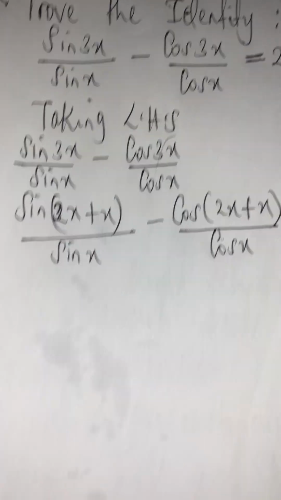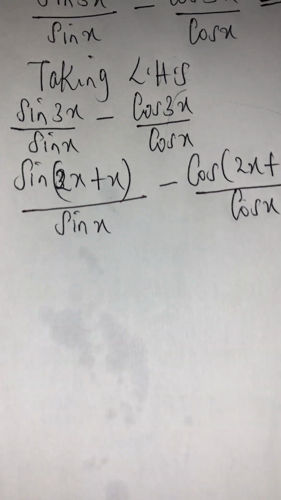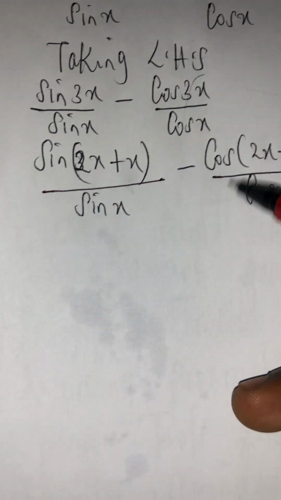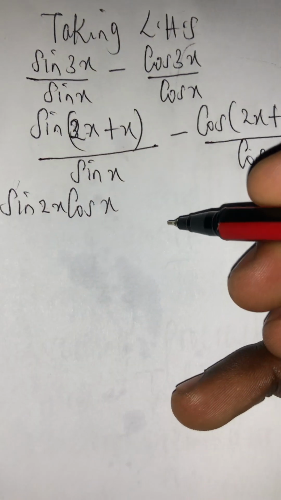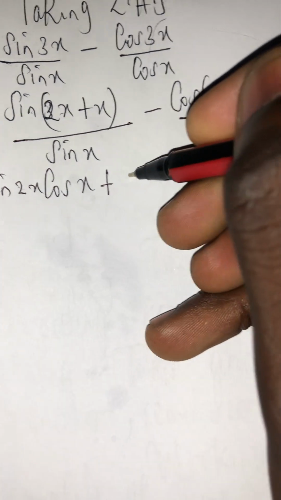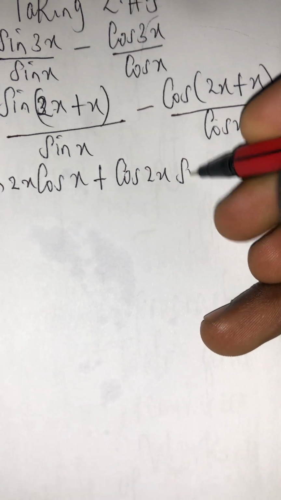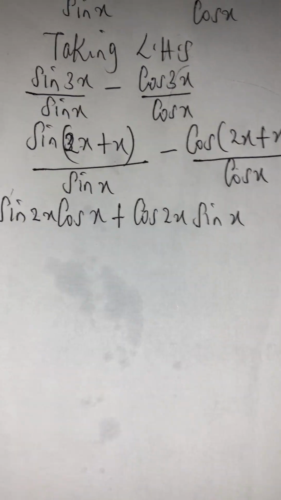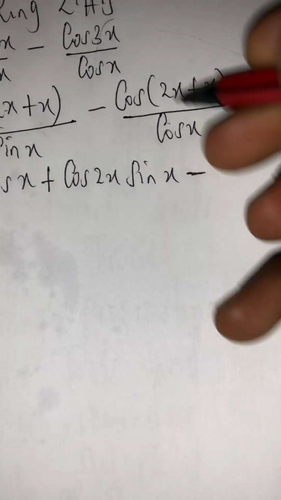Then here I'm going to use the identity for double angle of sine. So when I have sin(2x plus x), this simply means sin 2x cos x, then plus cos 2x sin x, then minus, I'm going to use the identity for cos on this side.